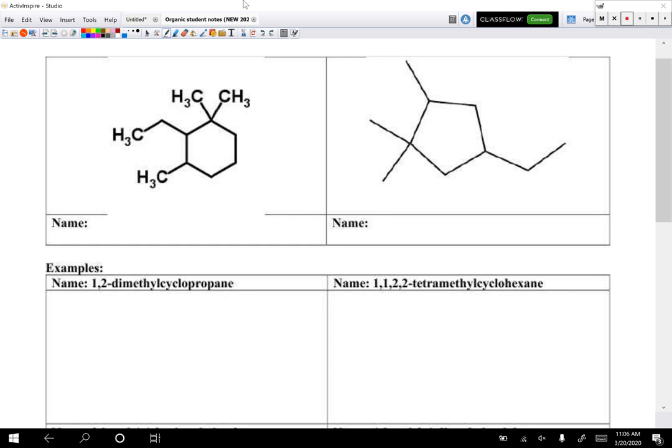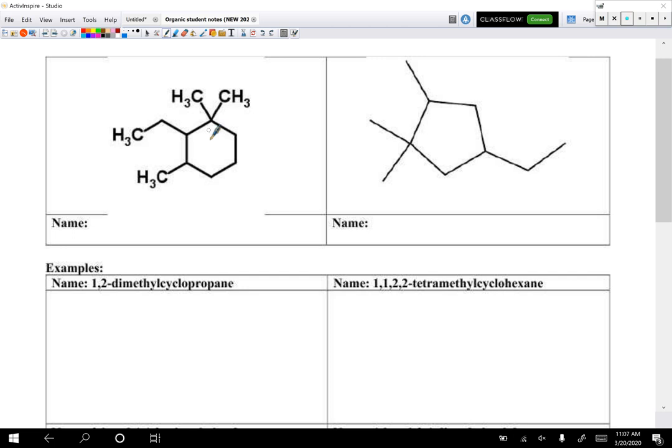So with our next one right here, we can tell that we have a bunch of different branches. Now we are going to make use of the rule that we are going to try to get the branches off the lowest numbers possible. So if we can get a branch off of carbon 1, well, carbon 1 is the lowest possible number. But if we can get branches off carbon 1 twice, 1,1, that combination of 1,1 is definitely the lowest possible number combination.